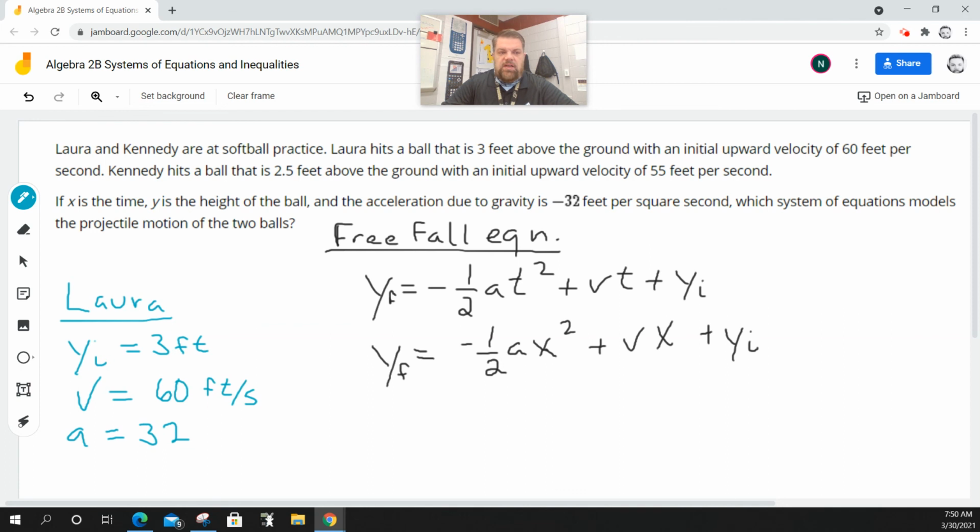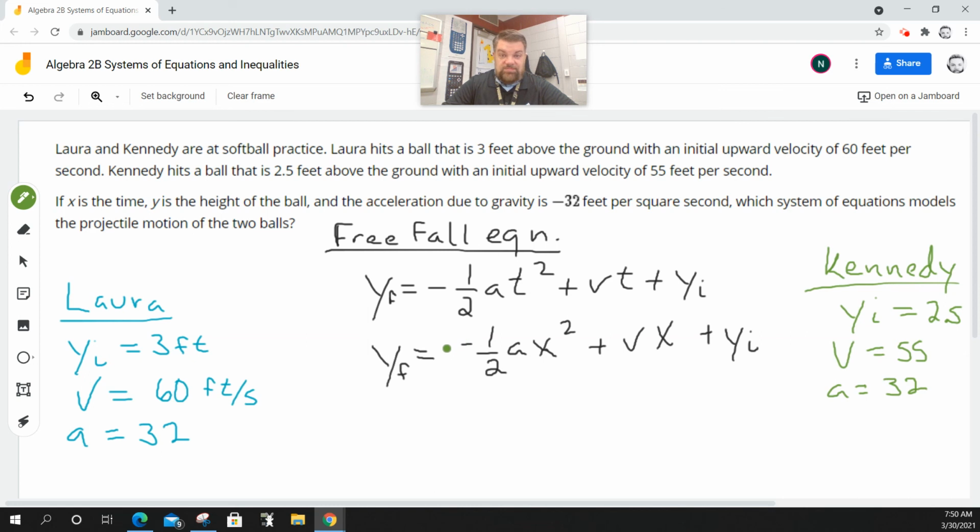And that's okay. And then for Kennedy, her initial condition is 2.5 feet, and her velocity is 55 feet per second, and then her acceleration due to gravity is going to be 32. Now, I wrote the formula with negative, so let me clarify this.